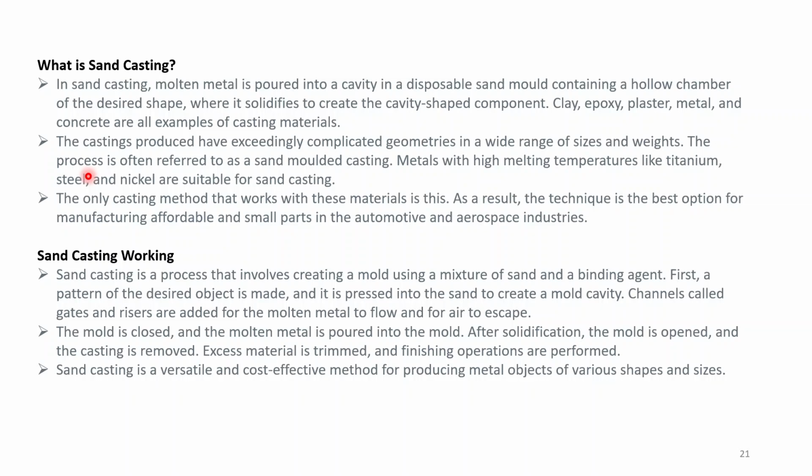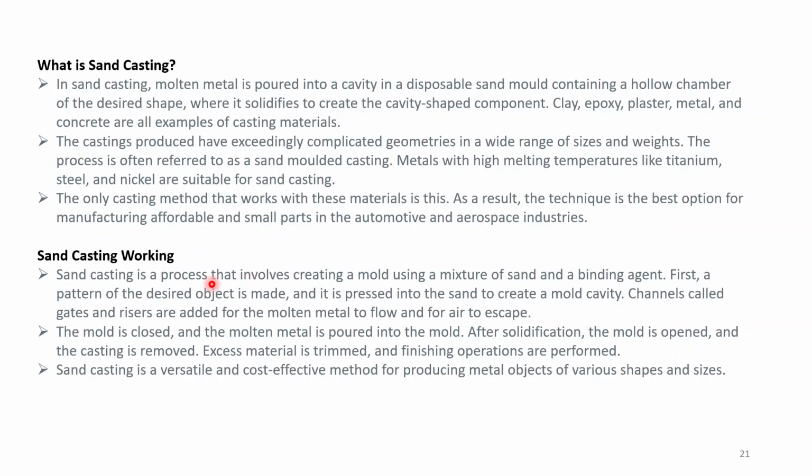These can't be cast using metal molds, so they can only be cast using sand casting. The only casting method that works with these materials is this. As a result, the technique is the best option for manufacturing affordable and small parts in the automotive and aerospace industries.